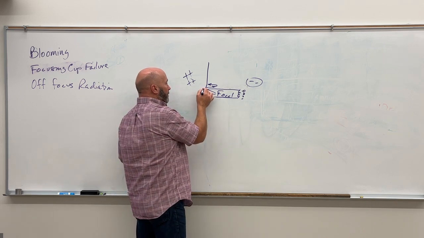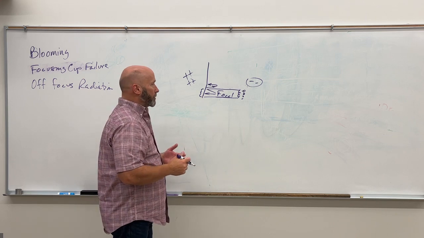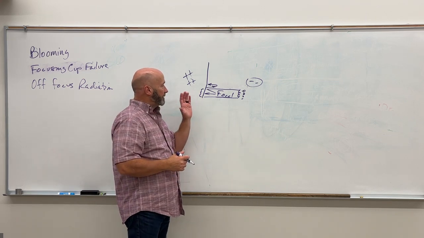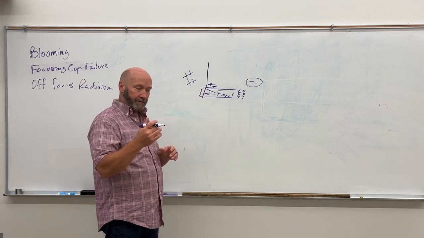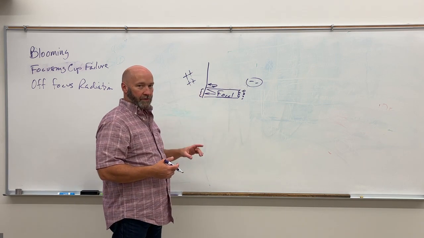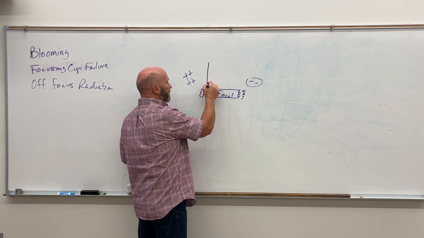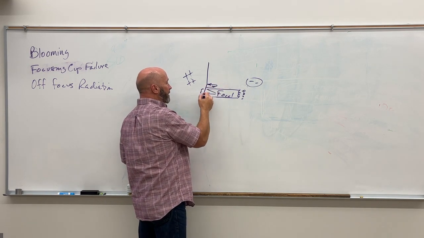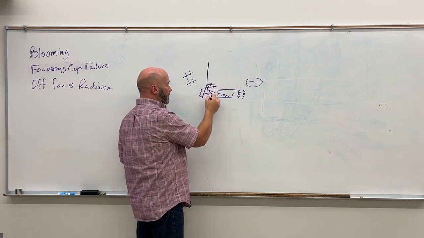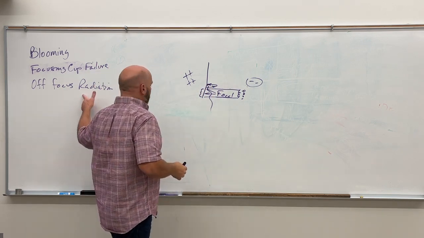Now, the focal track is the only thing we consider our focal track, and the size of that focal track, because of the line focus principle, is what gives us sharpness of recorded detail. An electron that makes this U-turn, hits anywhere off of that focal track and creates an X-ray photon, then becomes off-focus radiation.